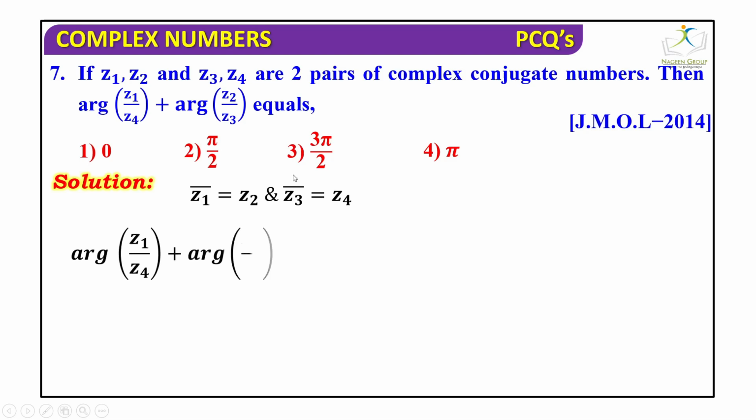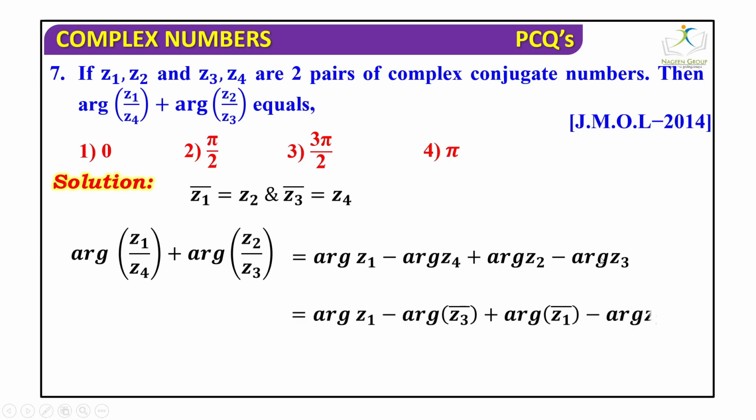From here, argument of z1 by z4 plus argument of z2 by z3 equals argument of z1 minus argument of z4 plus argument of z2 minus argument of z3. This is a property, that's why we are writing it. Here we write, in place of z4, conjugate of z3, and in place of z2, conjugate of z1.